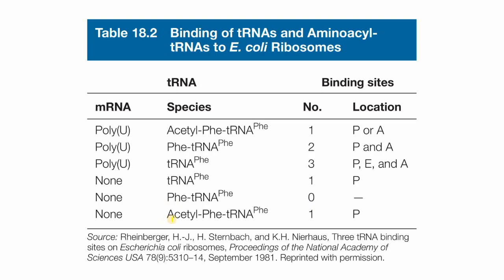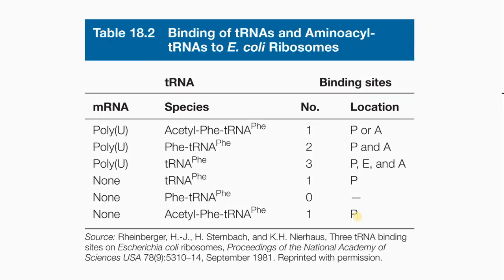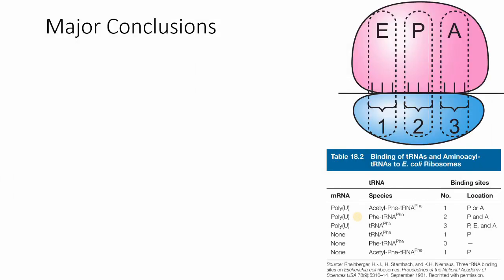And acetylated phenylalanine tRNA binds only once, and so like before, it binds only once, but this time it's only in the P site. But actually, these last results were not from the researchers themselves. This was previously known, and this was from a previous study.